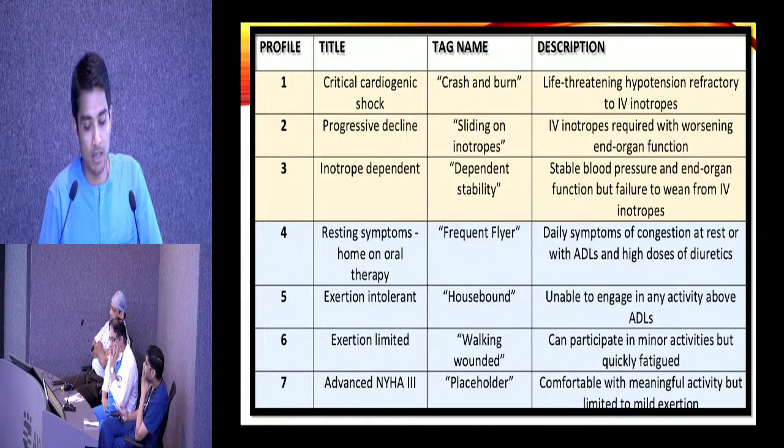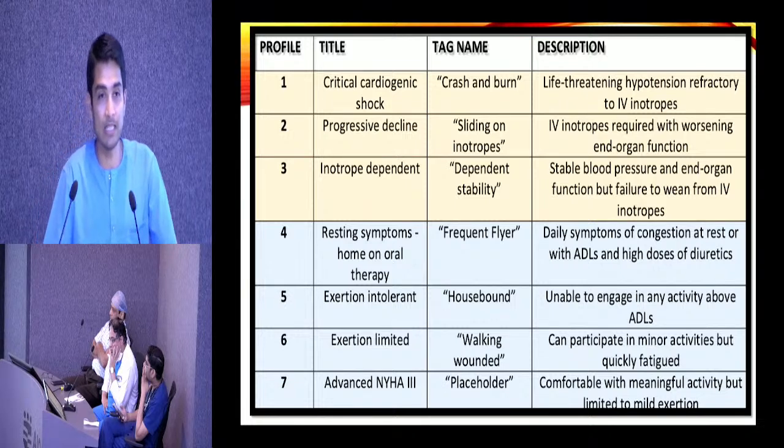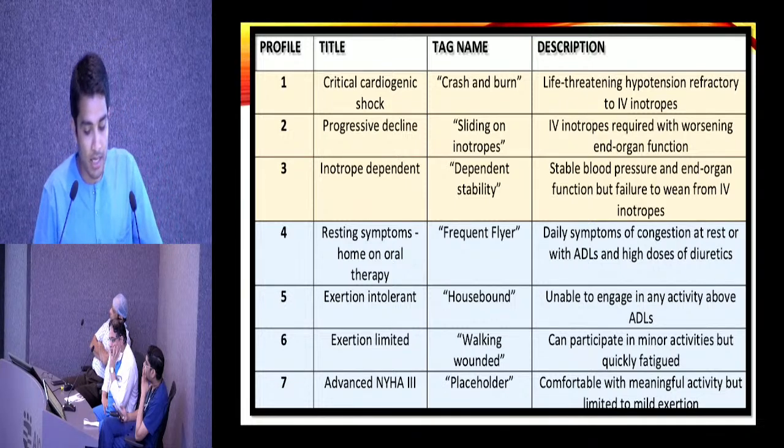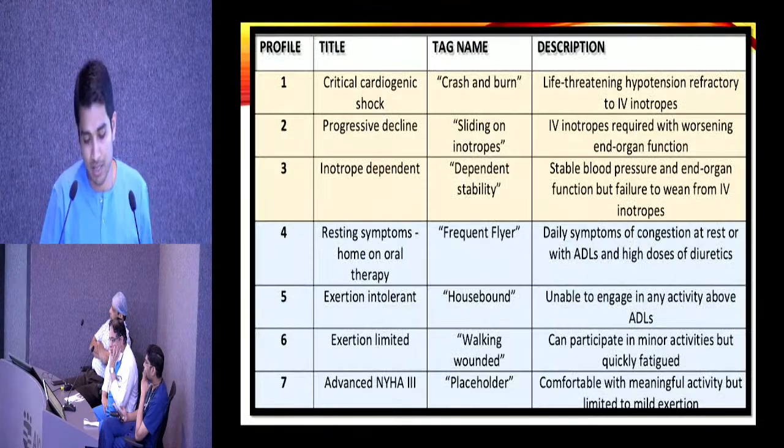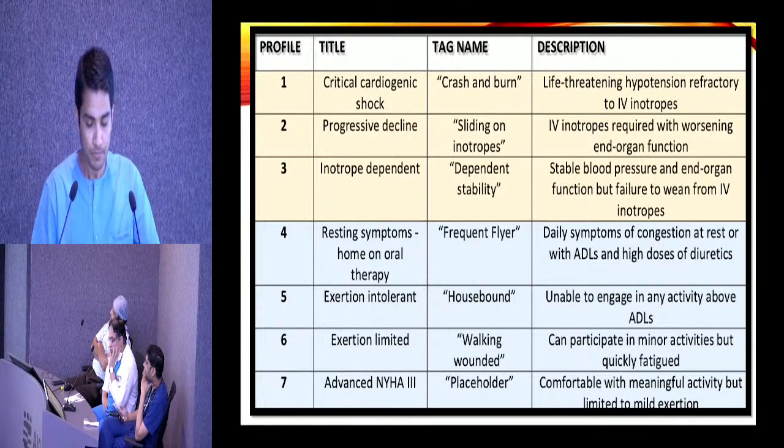The third one is inotrope dependent, probably in the C to D spectrum. INTERMACS 4 to 7 are more the outpatient people. So again, temporary mechanical support is probably in the INTERMACS profile 1 to 3 categories.